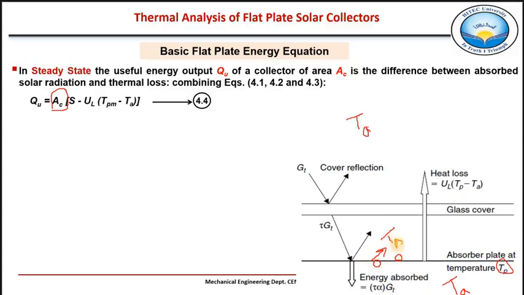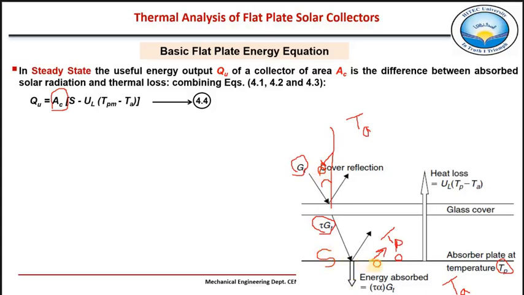So plate temperature is actually affected by a number of parameters. One is available radiation, then the radiation properties of this glazing and absorber materials, what is tau, what is alpha, and how this tau and alpha are changing with the angle. What is this angle? Incidence angle, because we know tau and alpha and emittance are a function of incidence angle. So as this incidence angle is changing, the absorbed radiation S will be changing.